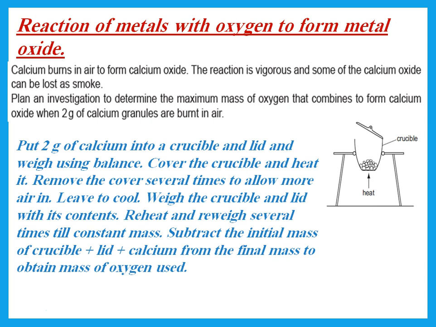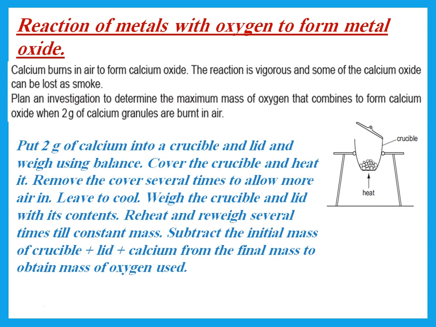Now, we finish the first part, leave it to cool, and weigh the crucible and lid and its contents. But how do I know if the reaction has finished? I have to reheat and reweigh several times until the mass is constant. At the beginning, the mass should increase because calcium is reacting with oxygen to form calcium oxide.